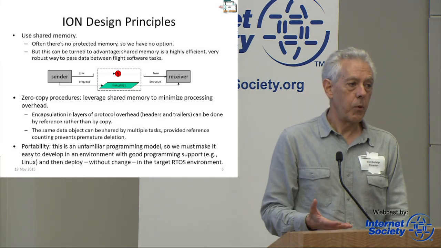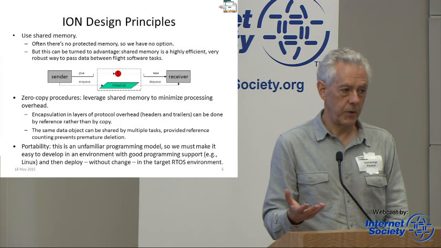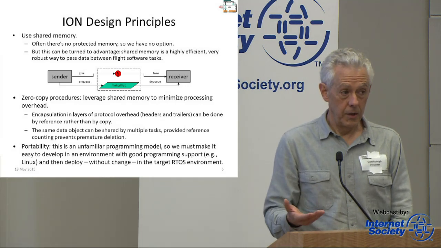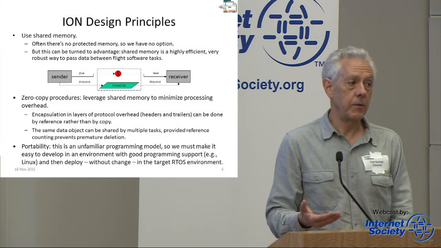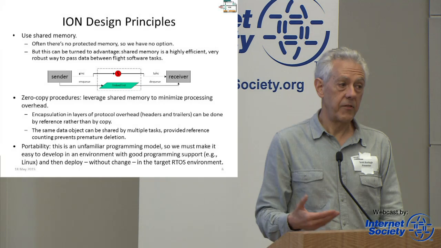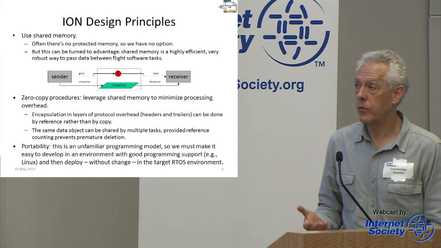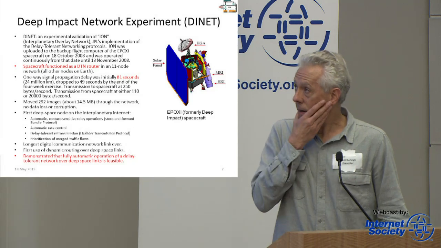So portability is important, not only in terms of exposing the software to the widest possible market, but also in terms of making the development easier. It's much easier to do the development if you can port it after you've made the changes to the Linux code, for example. Next slide.